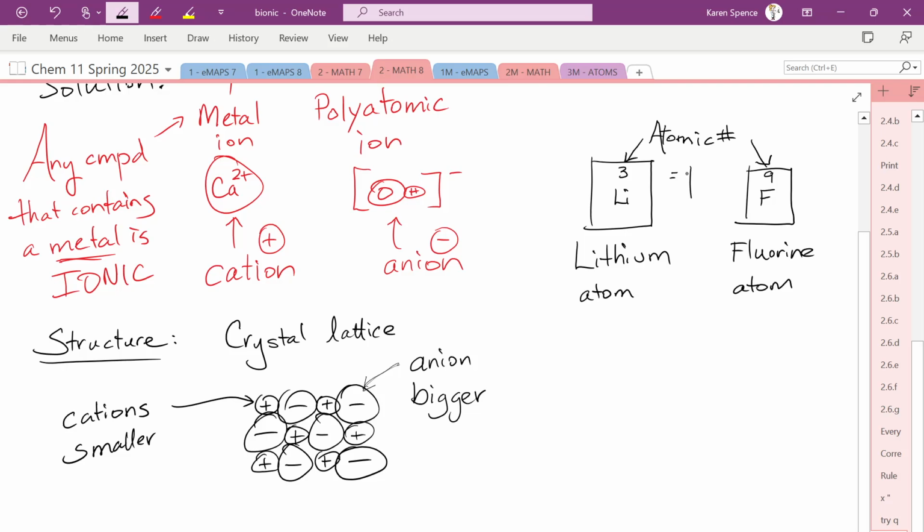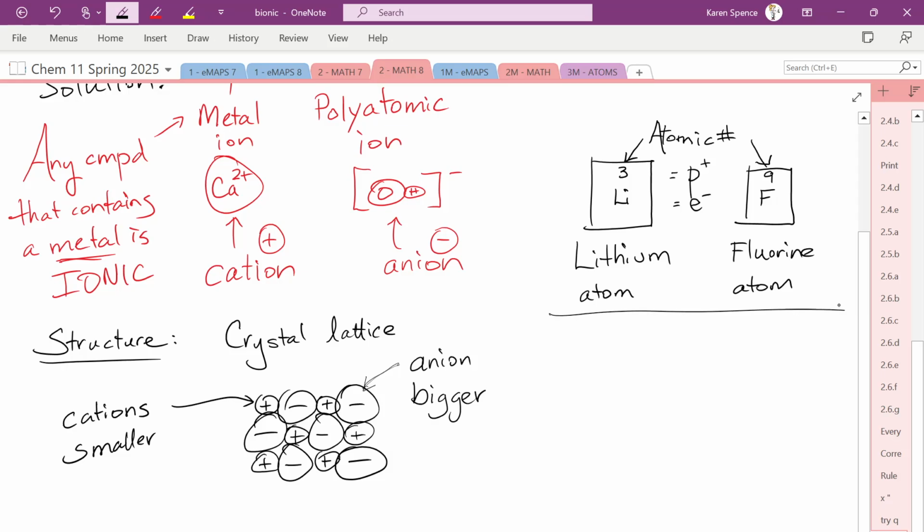It tells you the number of protons, and it tells you the number of electrons in a neutral atom. Do you remember that? Protons and electrons have to be equal because the atom is neutral. You must have the same number of positives as negatives.